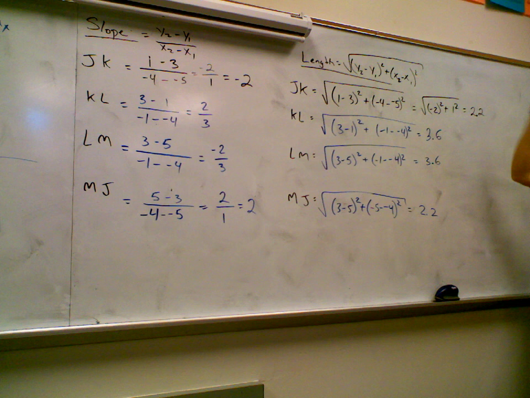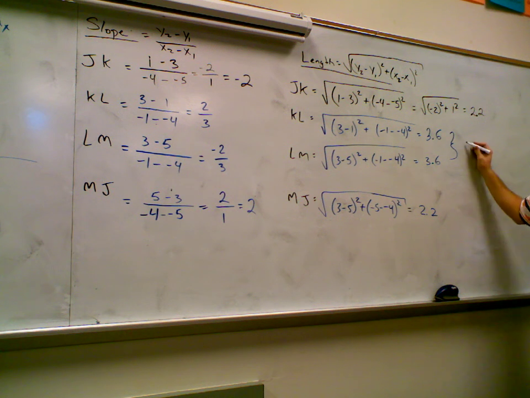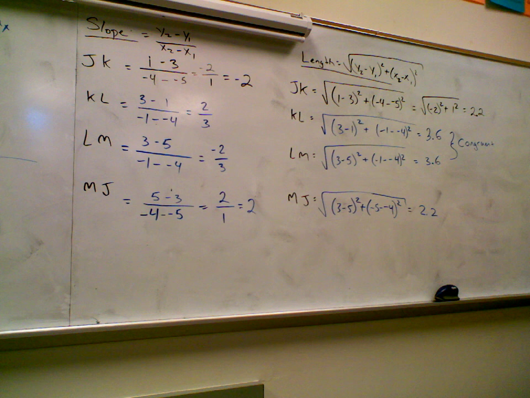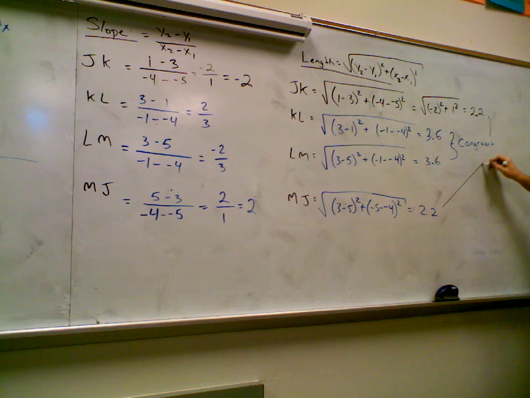KL and LM are the same distance, right? So if two sides are the same distance, that means these two sides are congruent. Okay, good. JK and MJ are also congruent.